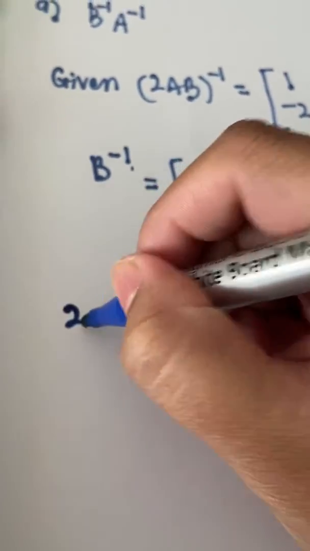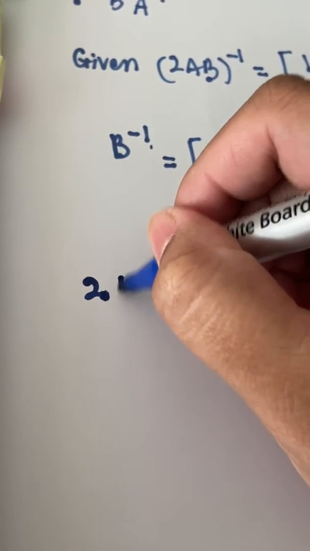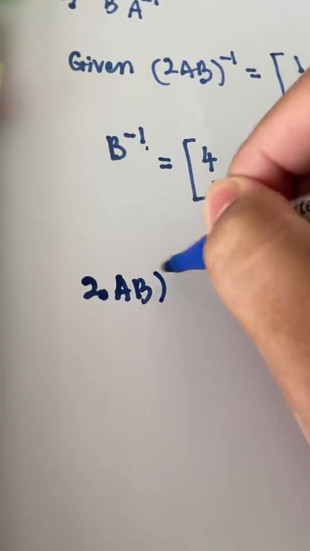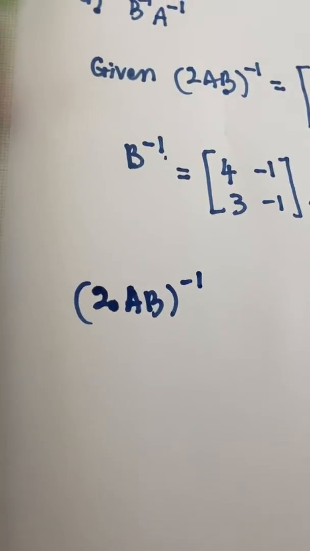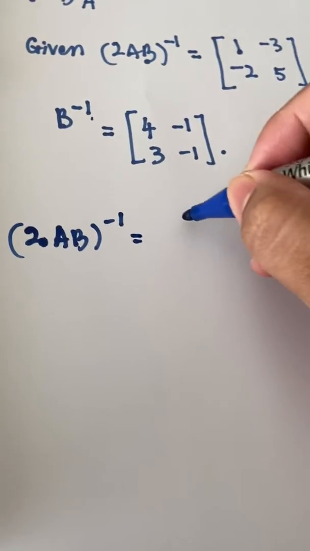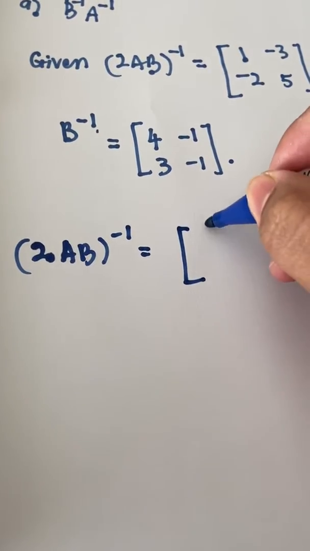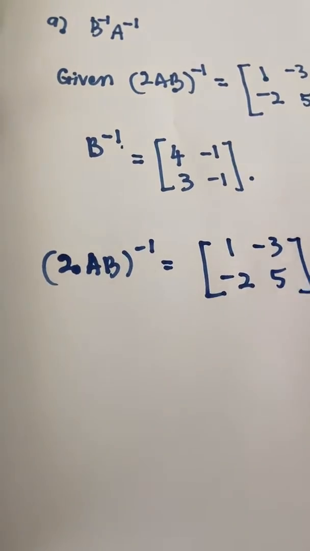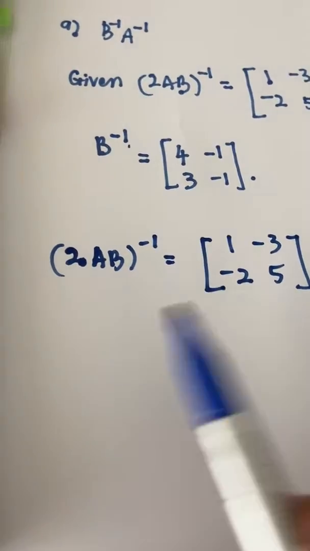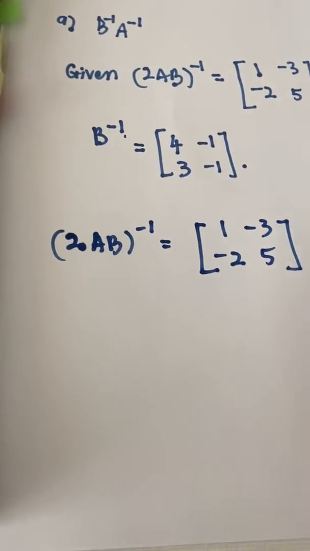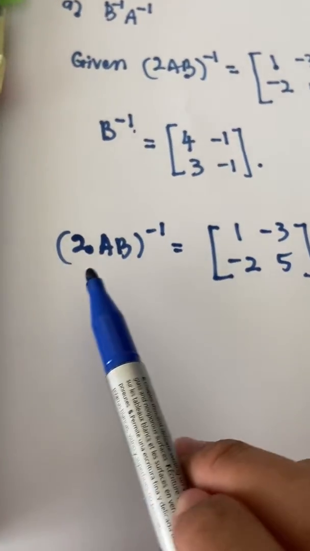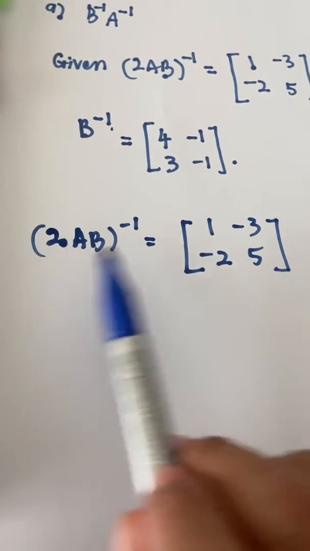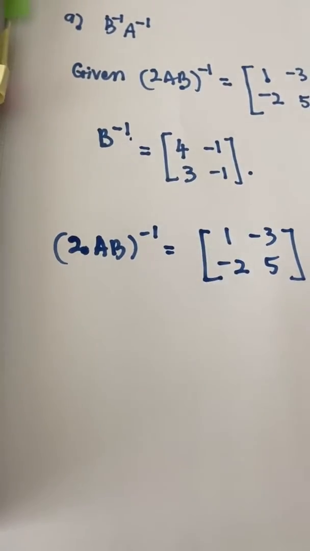So 2AB inverse, okay, is equal to 3, 5. Okay, so we write down balik the matrix for inverse of 2AB. Okay, so kita akan apply your property dalam muka surat 68, I think.